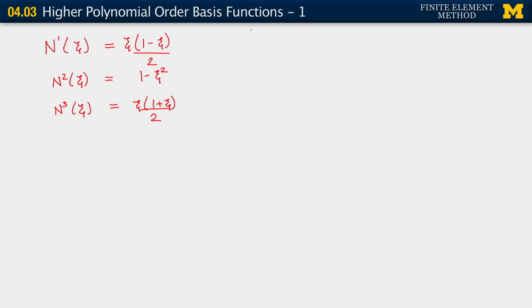It's useful to plot them up just as we've done for the linear basis functions. And the way I'll do it is the following. I will suppose that this is the point c equals minus 1, c equals 0, and roughly there should be c equals 1.